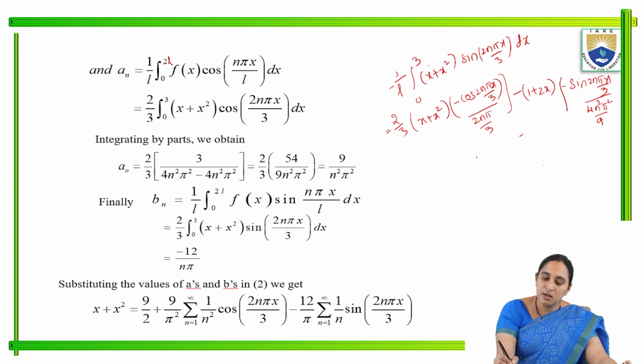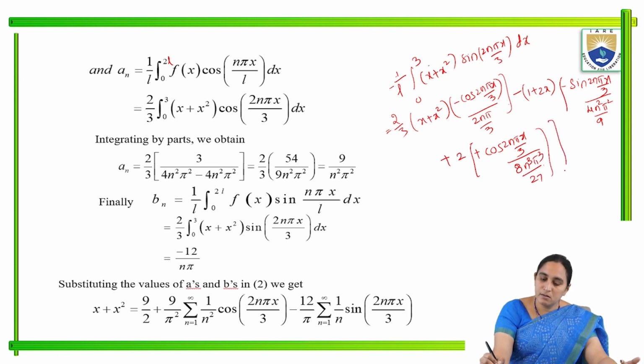Next continuation, plus 1 plus 2x integration is 2 into minus sin, plus minus cos 2n pi x by 3, by 8 n cube pi cube by 27. Limits 0 to 3.